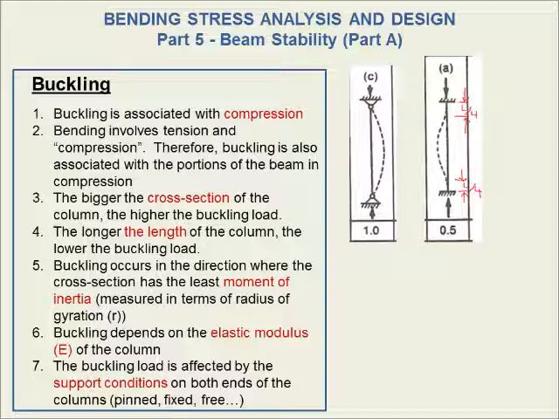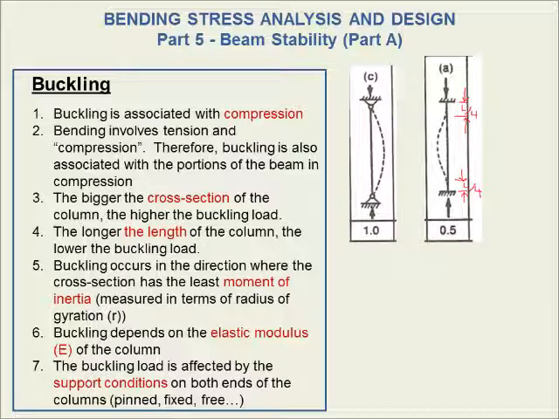And in this case, we are showing that we've reduced the length by half. So we say that a fixed column, a column fixed at the top and the bottom, has an effective length of half. The effective length factor would be 0.5. So in essence, this column will act as though it was half the length of the pinned column, right?